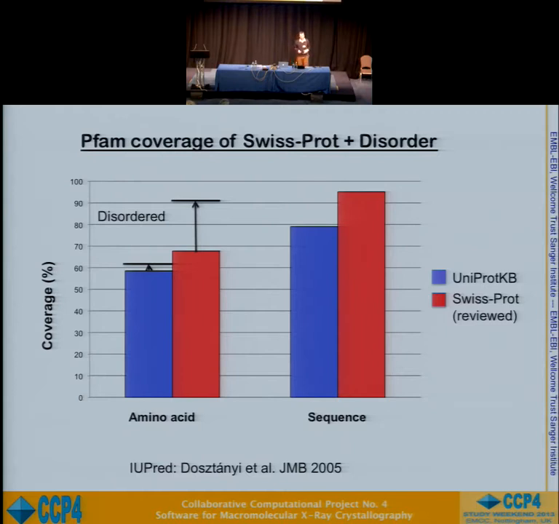Disordered amino acids, of course, are not to be thrown away, but for us at Pfam, it's more difficult to find conservation in disordered regions, which are lower complexity, and for structural reasons, I guess, especially for molecular replacement, they are of less interest, unless you tell me something different today. Of course, they can be crystallized, can be in complexes, but it's a different story. The little improvement in UniProtKB is due to the fact that UniProt is dominated by prokaryotic sequences, while SwissProt has a lot of eukaryotic sequences that have more disorder.